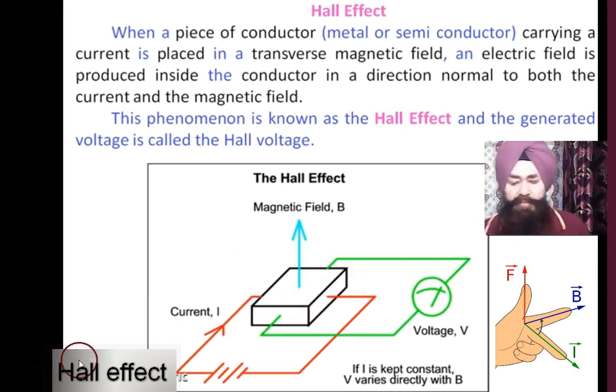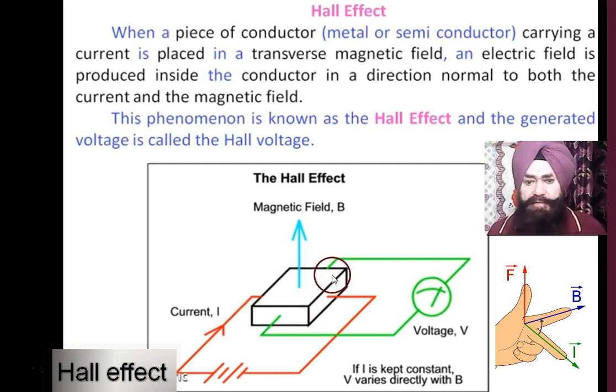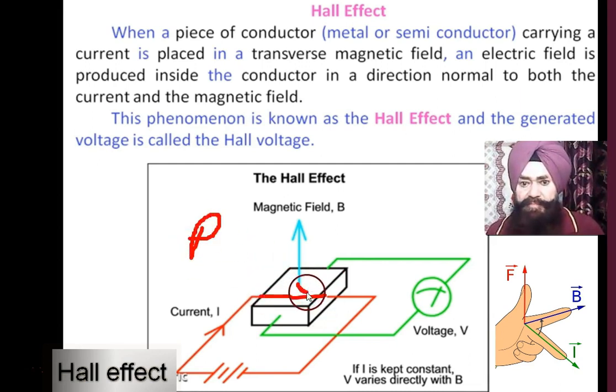Now again, if I think that this is a strip of p-type semiconductor, then current is flowing like this. That means holes are moving along this direction. The magnetic field will be along z. Then there will be a force on the holes. Then holes start accumulating here.